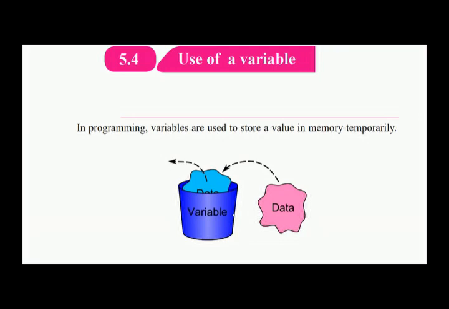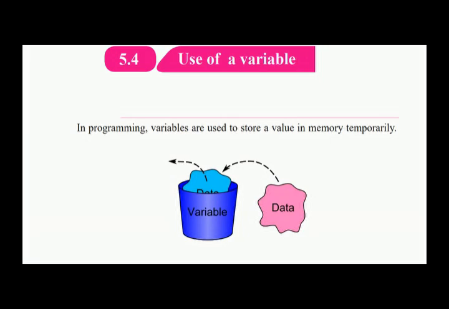Now for our programs, we need these variables to store values, right? The example I told you was finding the area of a rectangle. So we need to find the area using the length and the width, right? So for all these, length, width, area, we need to put values in them.